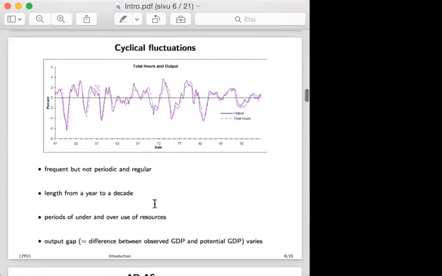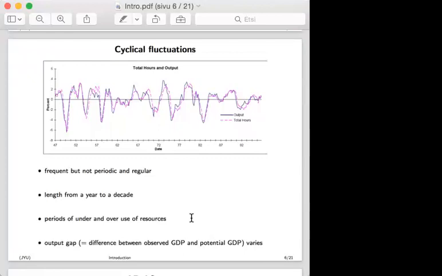And this applies more generally to whole production, so that economies are not at their optimal potential GDP all the time. Instead, there are under and overuse of resources because of cyclical fluctuations.